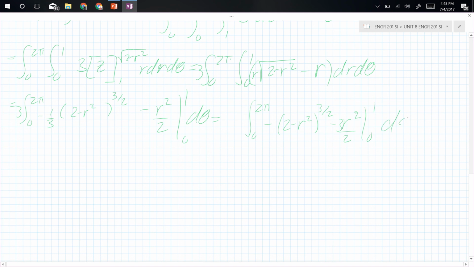I'm still going from 0 to 1 times d theta, so this will equal 0 to 2 pi of, this is going to be negative 2 minus 1 to 3/2 minus 3/2 over 2 of 1 minus 0, d theta.